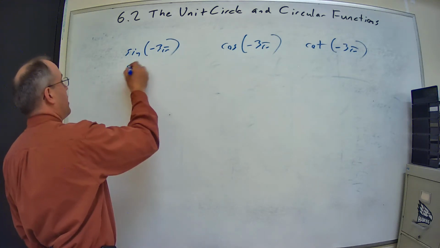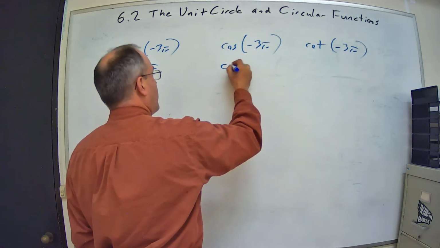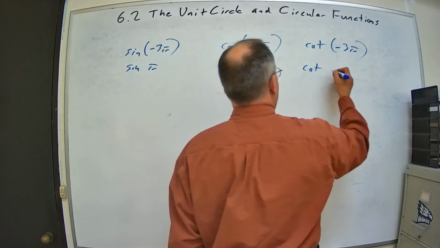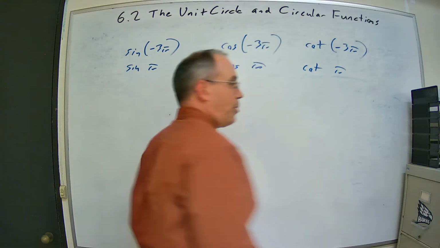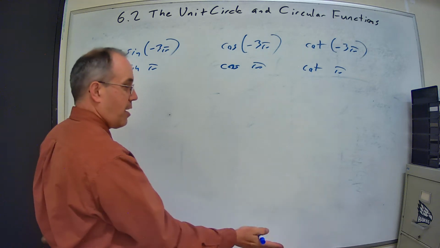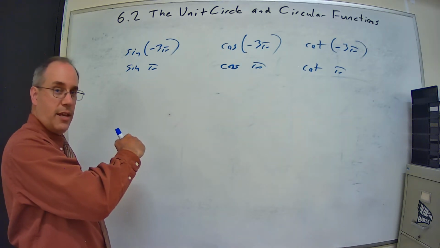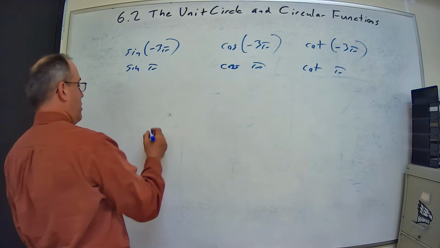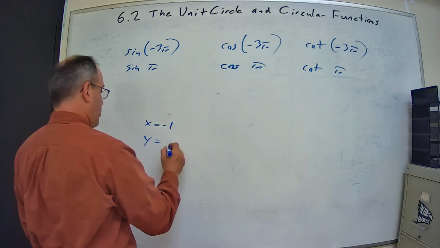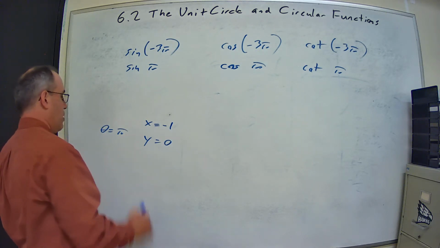So that's really saying, what's the sine of pi? What's the cosine of pi? What's the cotangent of pi? Well, where are we at pi? At pi, we are boom, on the other side. x is equal to negative 1, and y is equal to 0, and theta is equal to pi.